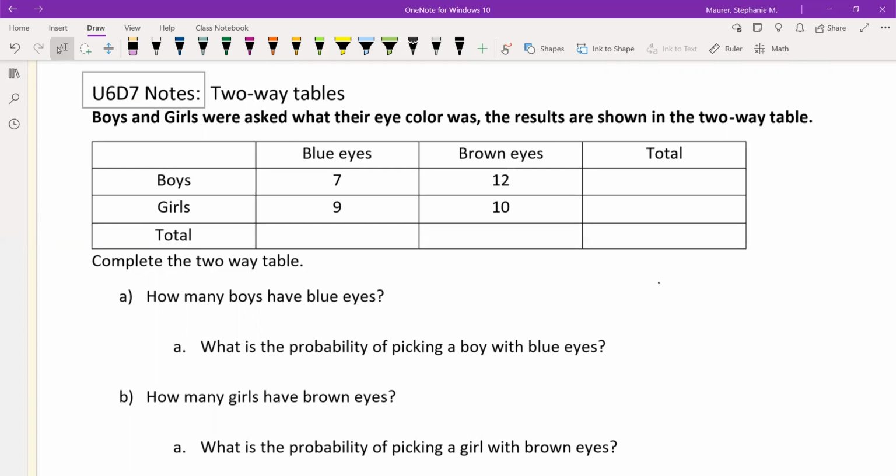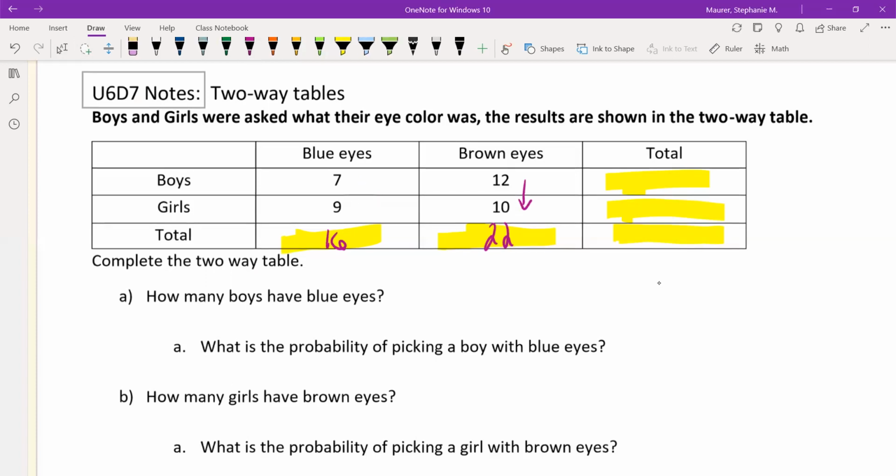So first thing that's important in a two-way table is we want to really make sure that everything is filled in. So we're going to go ahead and fill in these totals that you guys see over here. Okay. And for the totals, we're really just going to kind of add straight up and down or side to side. So at first we can do 7 plus 9 to get 16. We could do the 12 and the 10 to get 22. Doing it the other way.